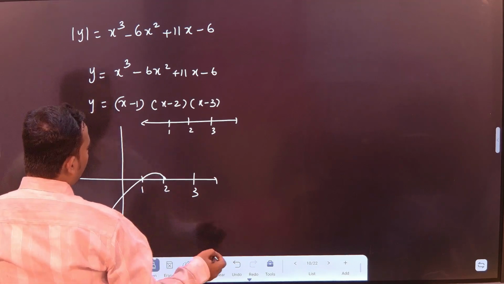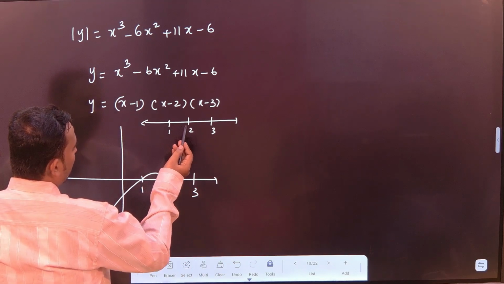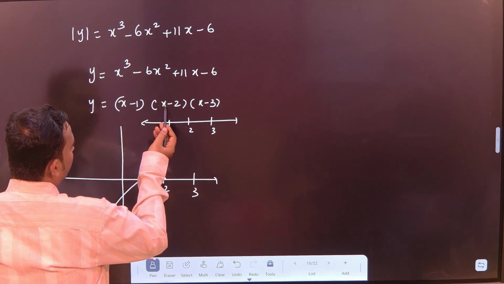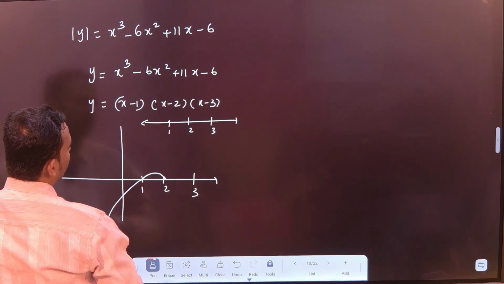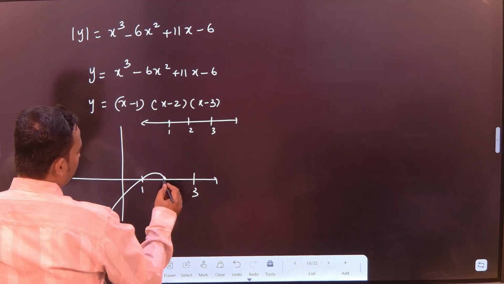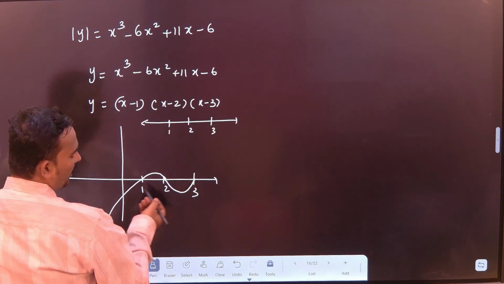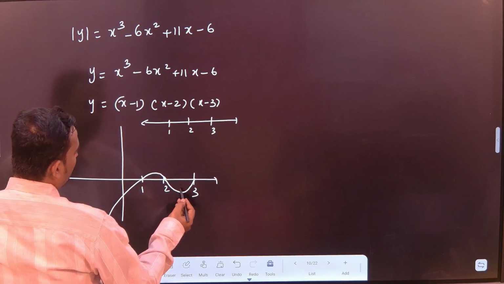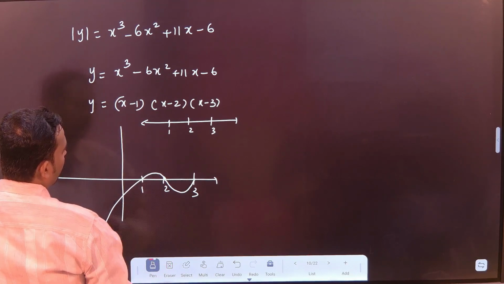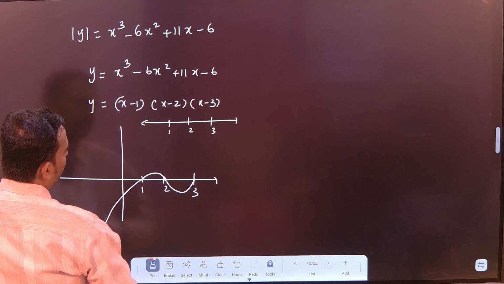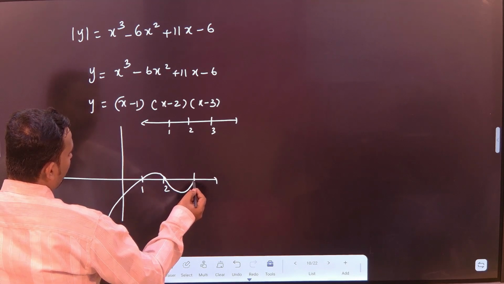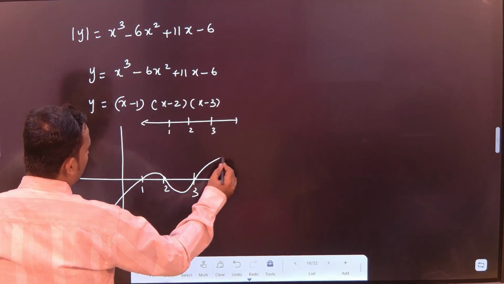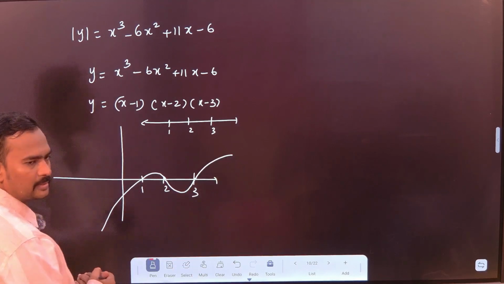When you take 2 to 3, let us take 2.5. 2.5 is positive, 2.5 is positive, here 2.5 is negative. So decreasing, right? When you take more than 2.5, you can see it's decreasing, and then it is increasing, right? More than 3 if you take, it's positive. The graph is going like this, right?